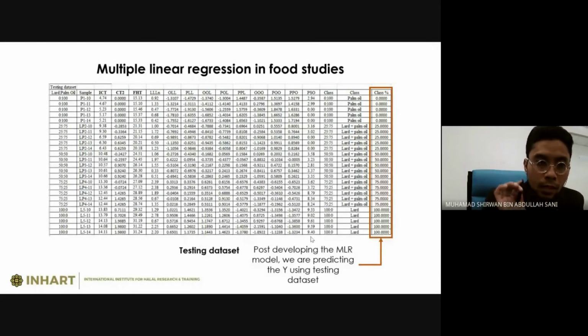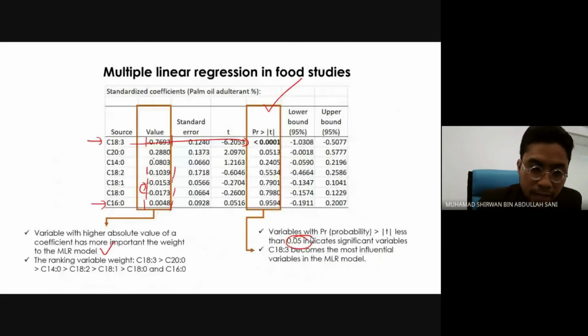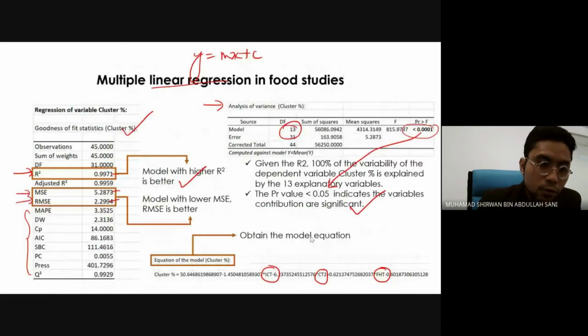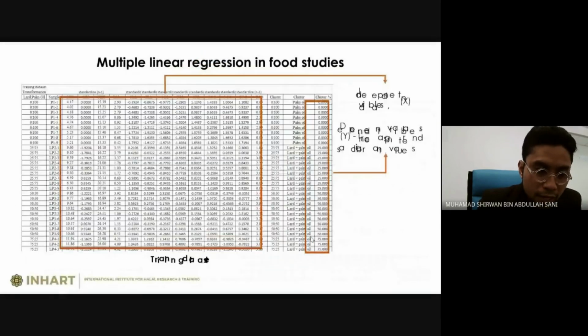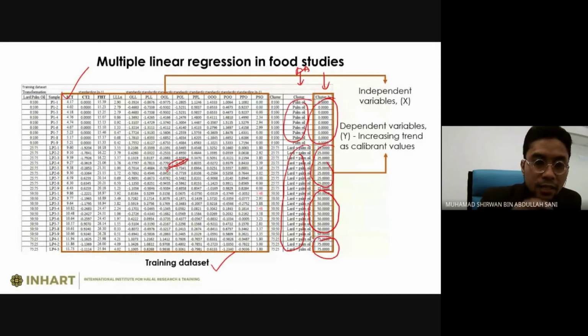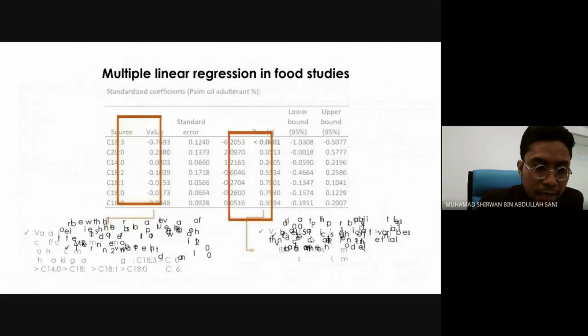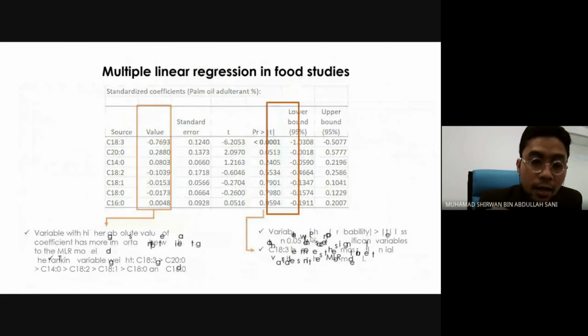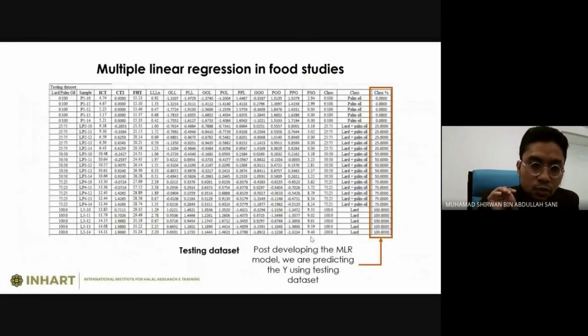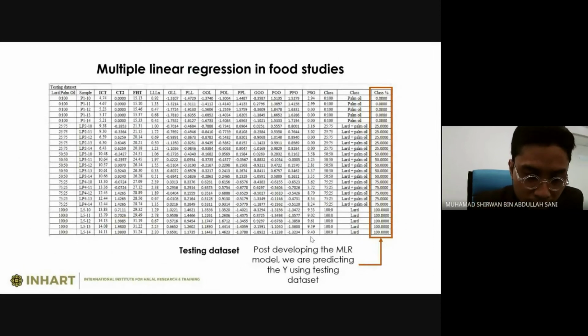So now we move to the next slide, where we are talking about the testing data set. The previous data set that I showed to all of you is the training data set, which becomes our database. Now we want to check, are they able to predict the amount of contaminant? For that purpose, we need to create a testing data set.